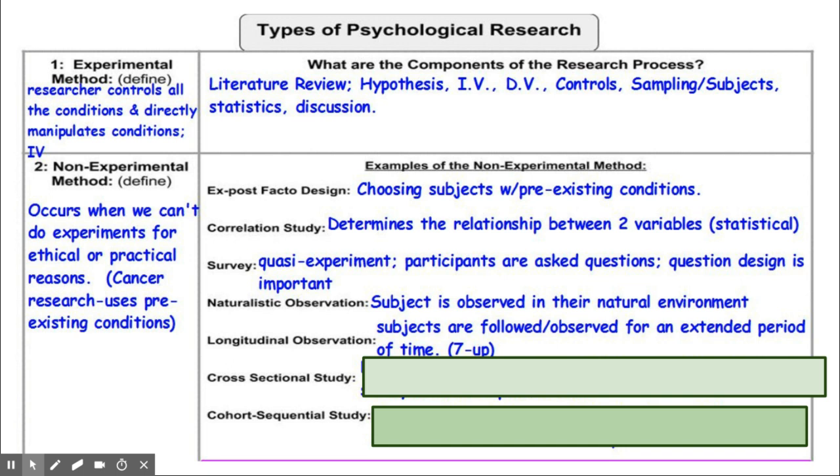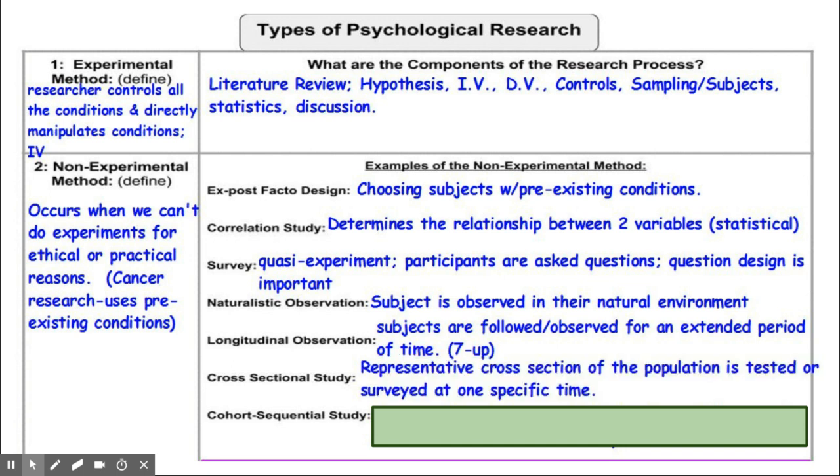A cross-sectional study. This is a representation of a cross-section of a population to be tested and surveyed all at one specific time. Unlike a longitudinal study, which can be really cumbersome as far as keeping track of your subjects, with a cross-sectional study we can get a variety of different age groups all at one time.